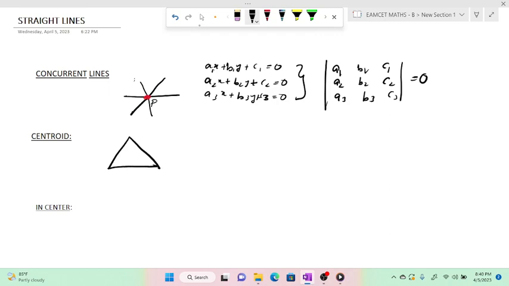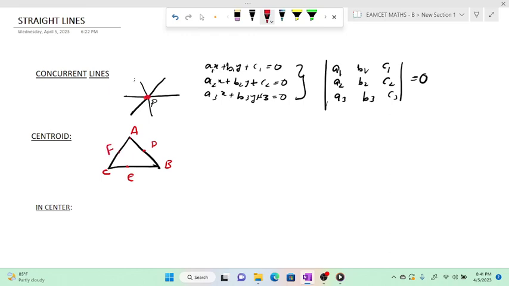A median means the line segment joining a vertex to the midpoint of the opposite side. This is vertex A, vertex B, vertex C. Here I am taking the midpoints D, E, F.